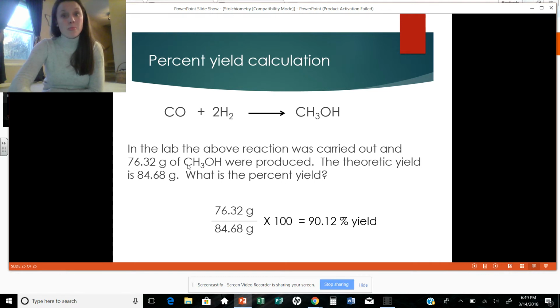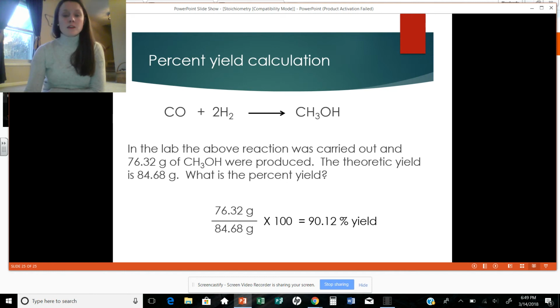As a reminder, that extra 8-ish grams, the difference between 76 and 84, is likely due to some of the carbon monoxide or hydrogen gas not reacting. Another source of that loss of mass could have been the transfer of the methanol. You could lose some of it when transferring it from one container to another to measure it.